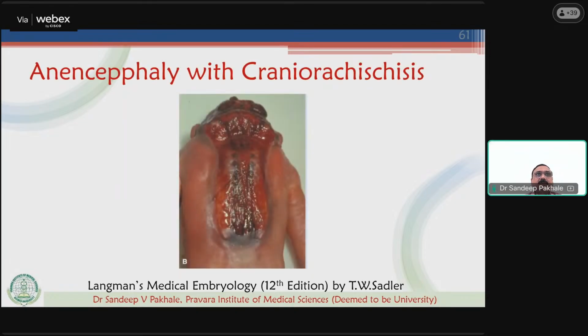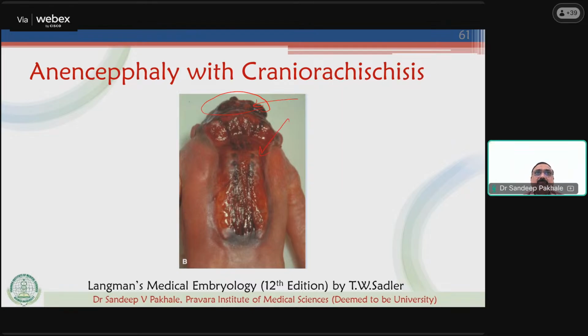Another important anomaly is anencephaly with craniorachischisis. In more severe cases of anencephaly, the defect extends caudally, resulting in craniorachischisis. So you can see there is absence of the vault, absence of the brain, and it is extending downward.